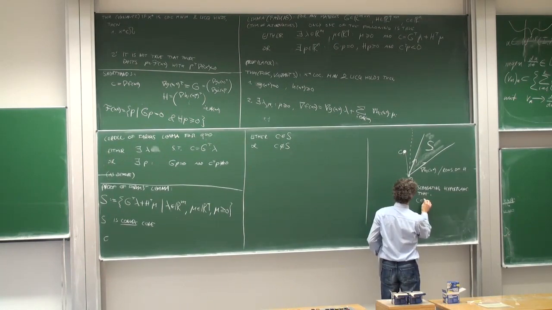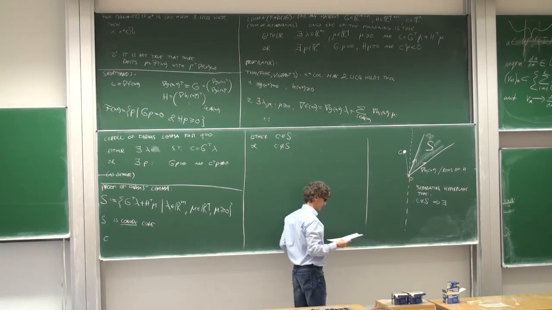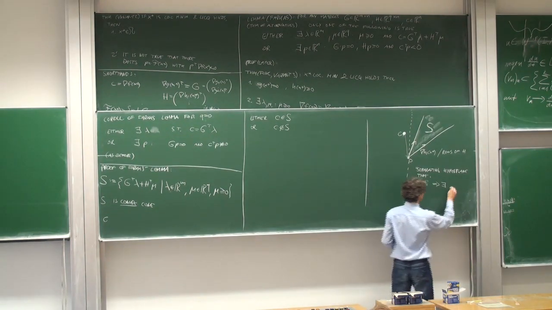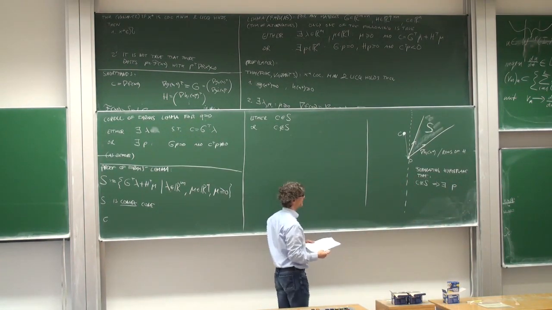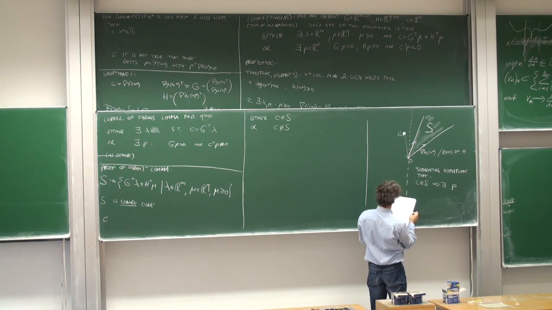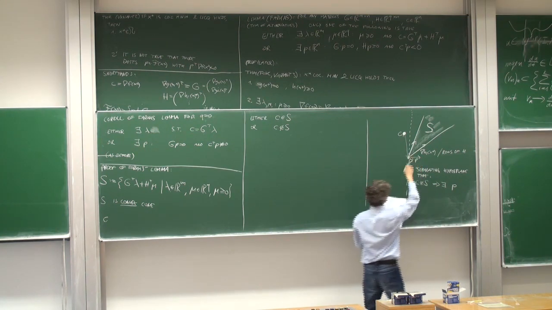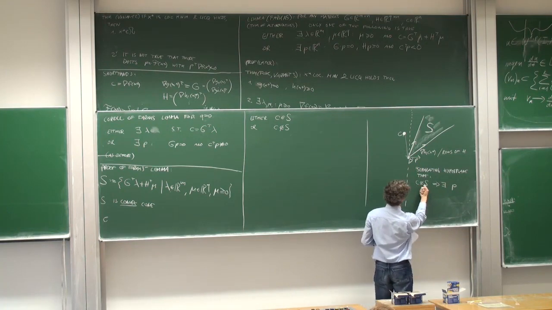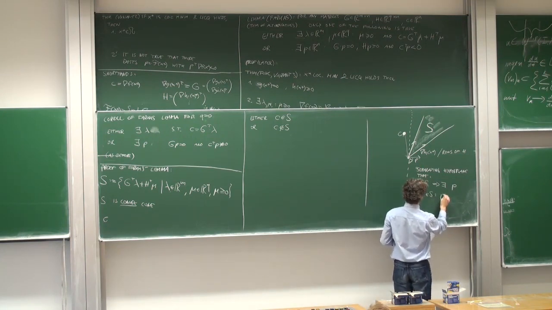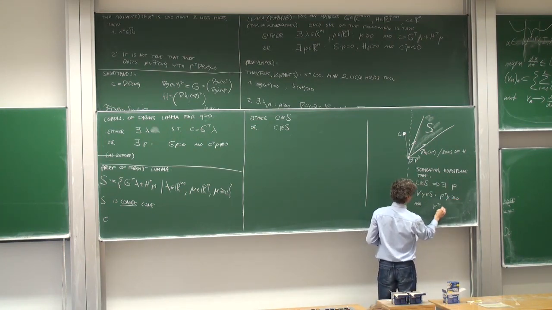If C is not an element in S, then there exists some hyperplane, and this hyperplane we will denote with a vector P. That's a bit funny, but that's actually the intuition, because a hyperplane will be defined by a vector P. So we introduce a vector P, which is orthogonal to this plane, and we say that if C is not in S, then there exists a P, so that for all Y in S holds that P transpose Y is bigger than 0, and P transpose C is smaller than 0.